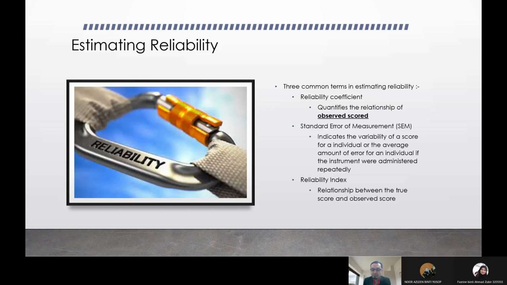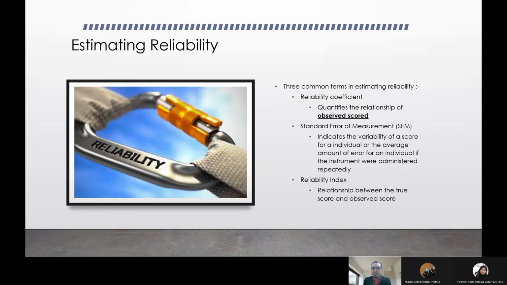We have tried our best to use the simplest layman language that could help us in understanding what reliability is all about, because reliability is an important aspect when we carry out our research project in the next semester, inshallah.